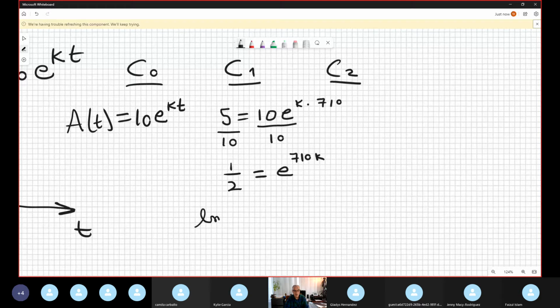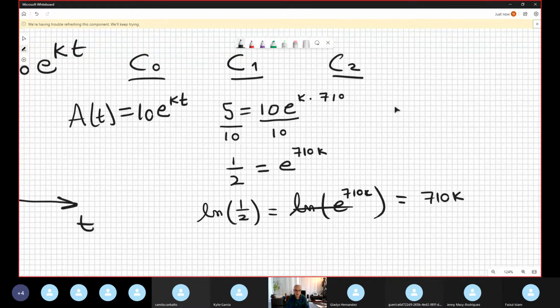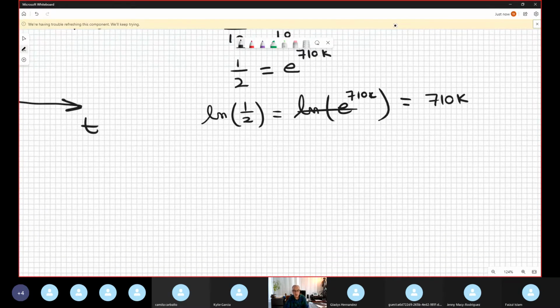Apply natural logarithm to both sides. You need to know very, very well that the logarithm and the exponential undo each other, and the answer is 710K. Now K alone is natural logarithm of 1/2 divided by 710.